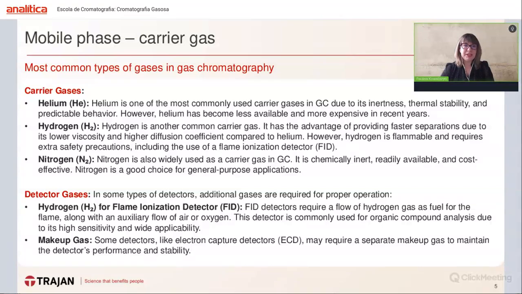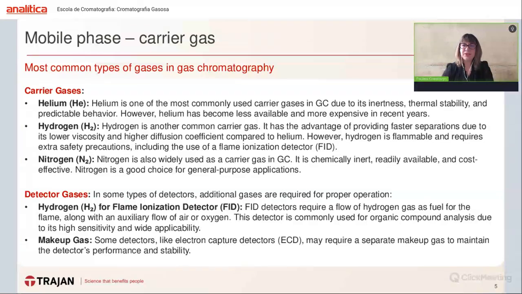So I've mentioned those three gases, helium, hydrogen, and nitrogen. They are used as carrier gases, so as our mobile phase. But we can also have different gases in the GC used as detector gases or makeup gases. Here I've got an example of hydrogen, which can be used in FID as a fuel gas in our detector.